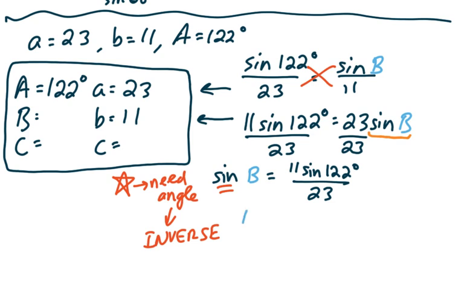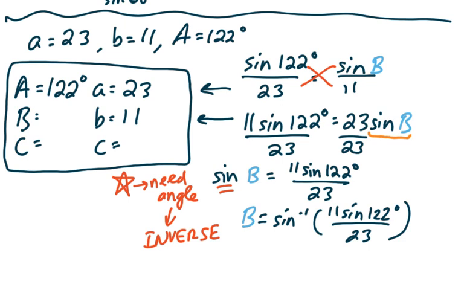If we take the inverse of both sides, I get angle B by itself is the inverse sine of this huge fraction. I punched that in, and angle B is 23.9. That sounds good. I'll put 23.9 over here.